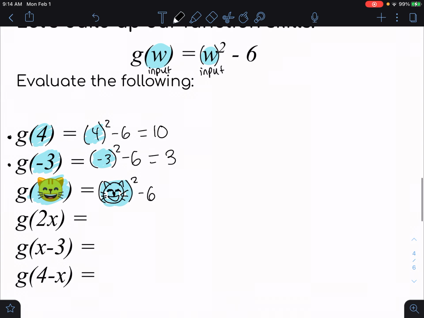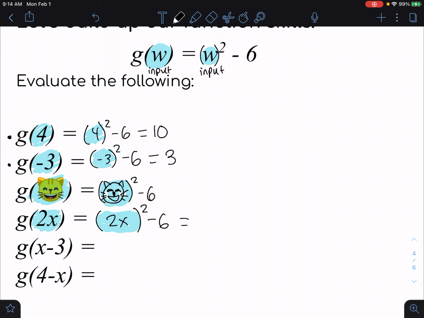Okay, g of 2x. Now that whole thing goes in here. So 2x squared minus 6. Now this we can simplify further, right? So I just plugged in the 2x where the input was. Wherever I saw w in this expression, right, that's the input.